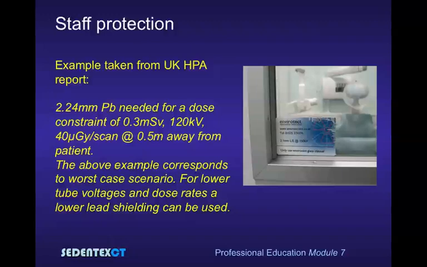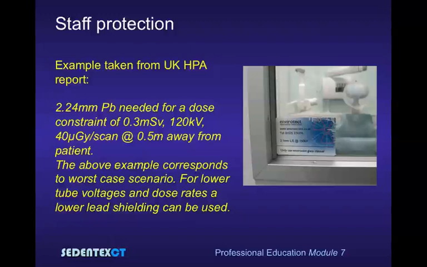Just out of interest, here's an example taken from a United Kingdom Health Protection Agency report. 2.24 millimeters of lead is needed for a dose constraint of 0.3 millisieverts, with an X-ray machine operating at 120 kilovolts and assuming 40 micrograys per scan, with the barrier placed at half a meter away from the patient.